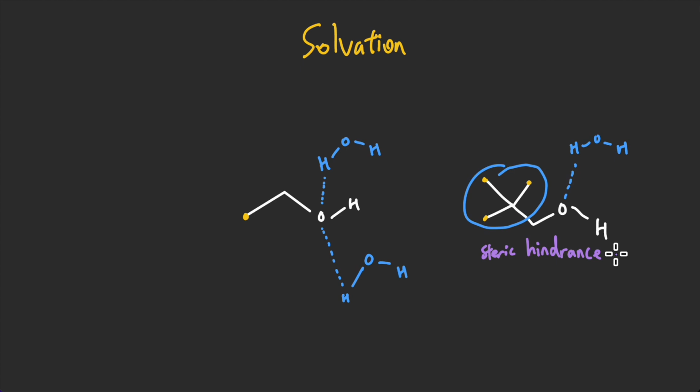This is because of the electron-electron repulsion by the bulky alkyl group. So in terms of stability, we can say that this is much more stable. The fewer the branches, the more stable in terms of solvation.